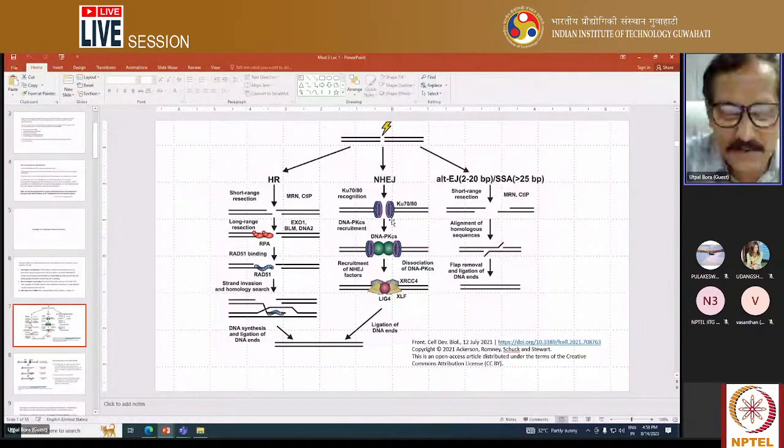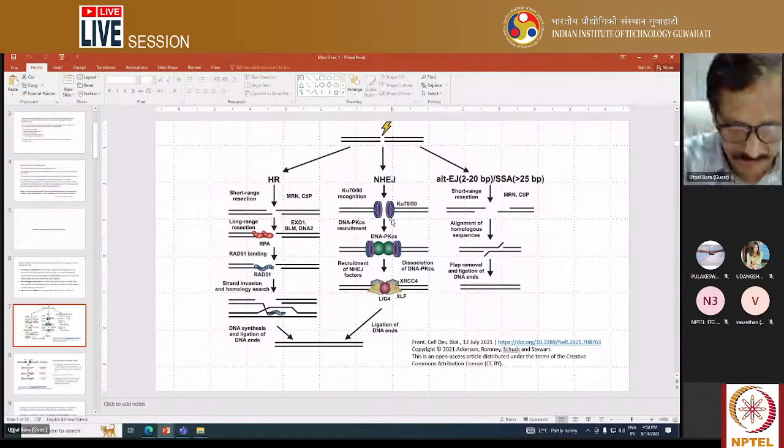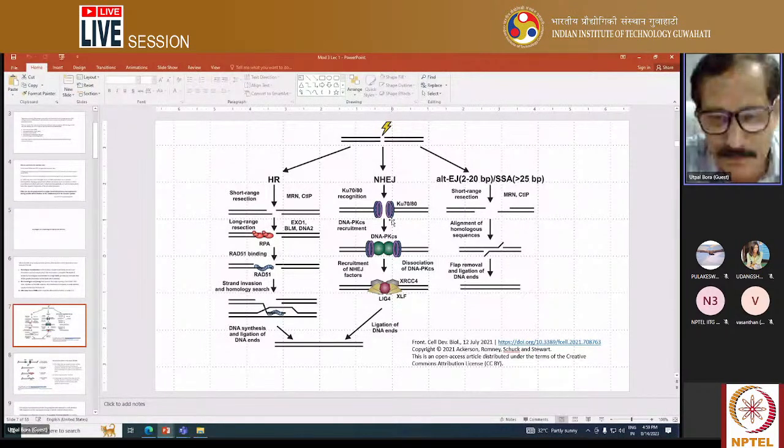Since there is no template here, the repair process is completely random and not homology based. So it may incorporate any kind of base in this space.